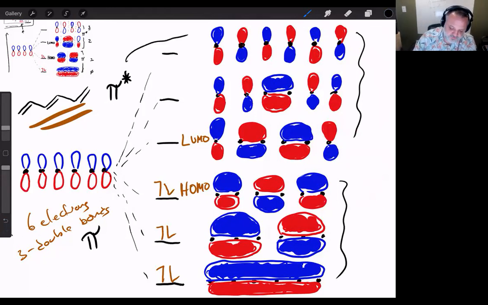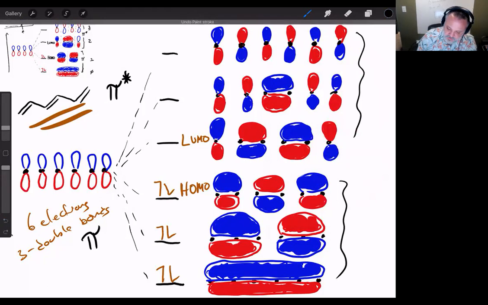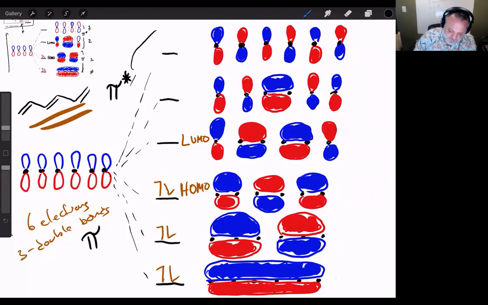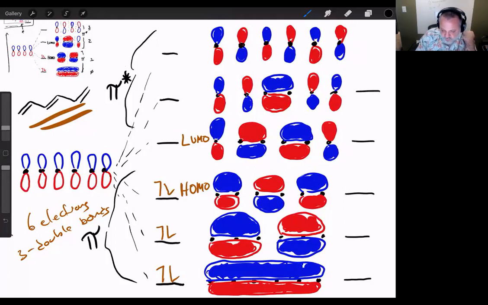This whole set is the pi anti-bonding set, and this whole set is the pi bonding set. This little star signifies anti-bonding. And there's one last thing I want to do before I put it up and we move on to explaining what's cool about this when it comes to explaining chemistry.